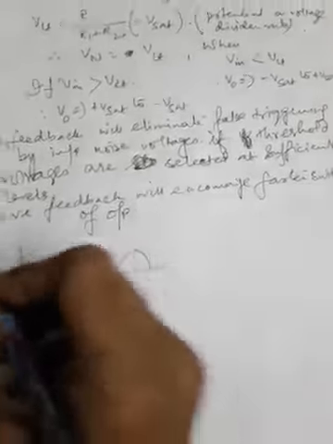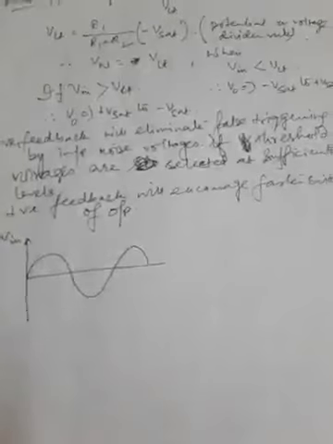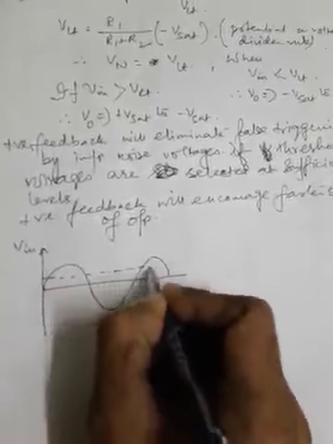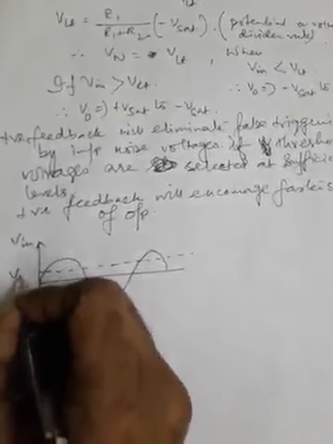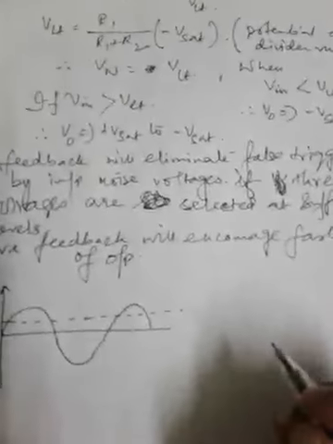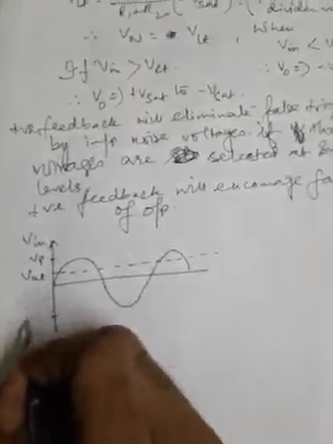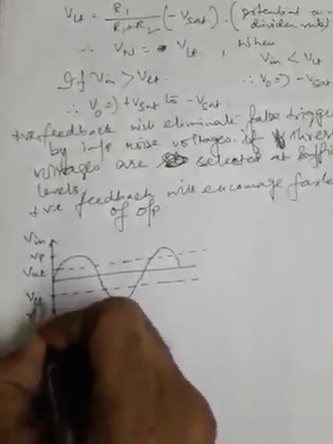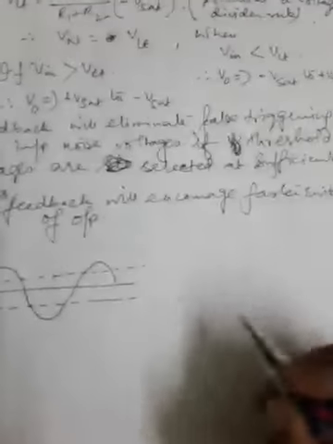Suppose this is the input sinusoidal waveform Vin. Now let us first assume or set the two levels, upper threshold VUT with a slightly positive value, and this is the positive peak value Vp, this is the negative peak value minus Vp, and the lower threshold voltage is set at VLT, which is a little less than the 0 volt axis or the time axis.